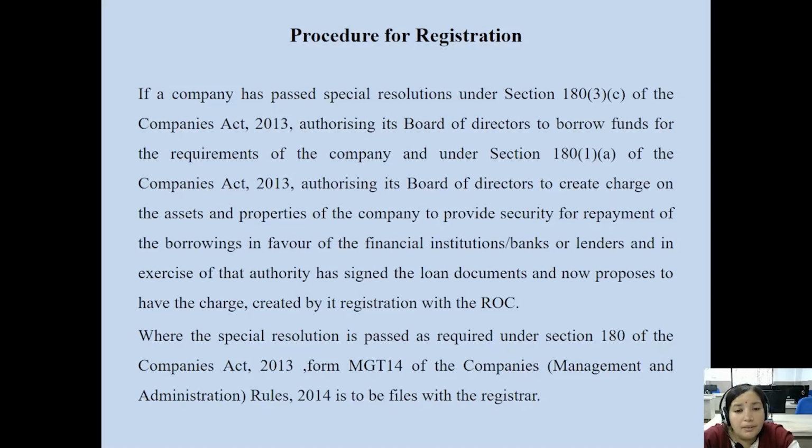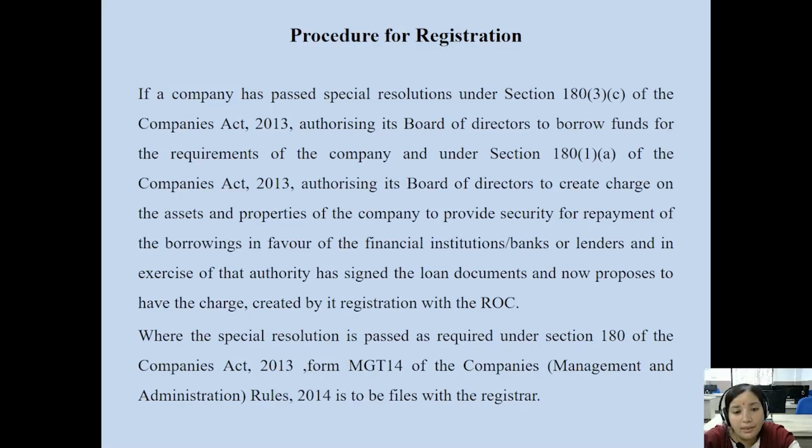So the Companies Act authorizes the BOD of the company to create a charge over the assets and properties of the company, and to provide securities for the repayment of debts of the company in favor of banks, lenders, and financial institutions. In exercise of that authority, the board signs the loan documents and proposes to have the charge created by its registration with the ROC.